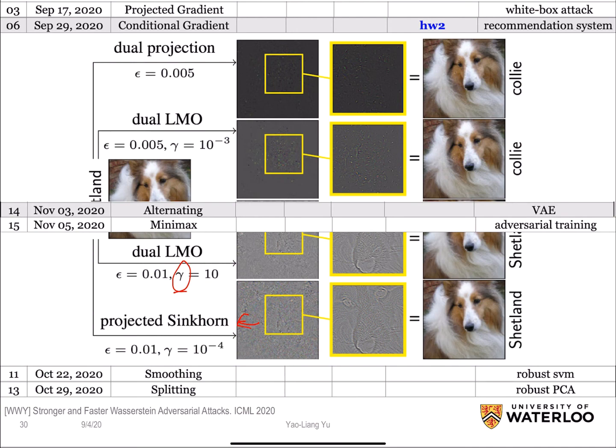And last but not least, if you want to make your machine learning model more robust, one way to do this is by constructing these adversarial examples and then putting them back to retrain your machine learning model. That essentially is a minimax problem, and we're going to talk about that in lecture 14 and lecture 15.